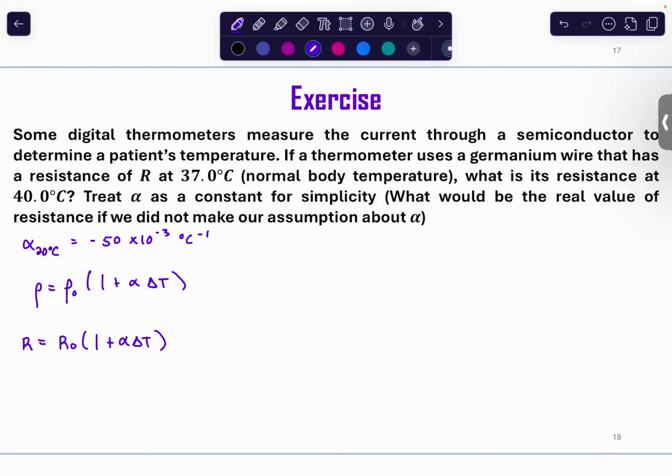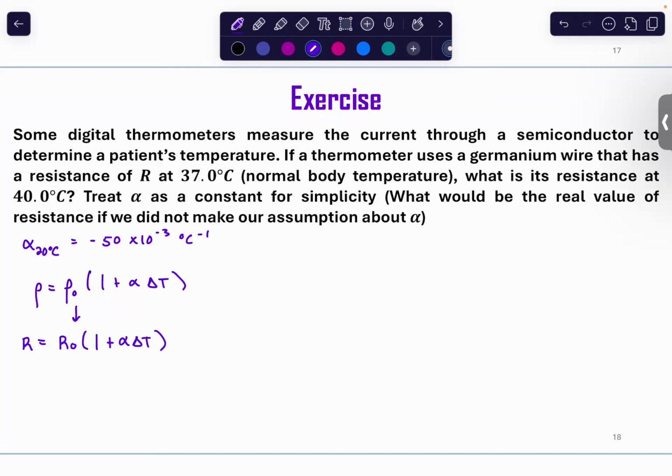Can I just write down the resistance version like that? I just want to know if the resistivity equation yields the resistance equation. No, it's just one equation becomes the other one, does it? Right, it's by L over A.